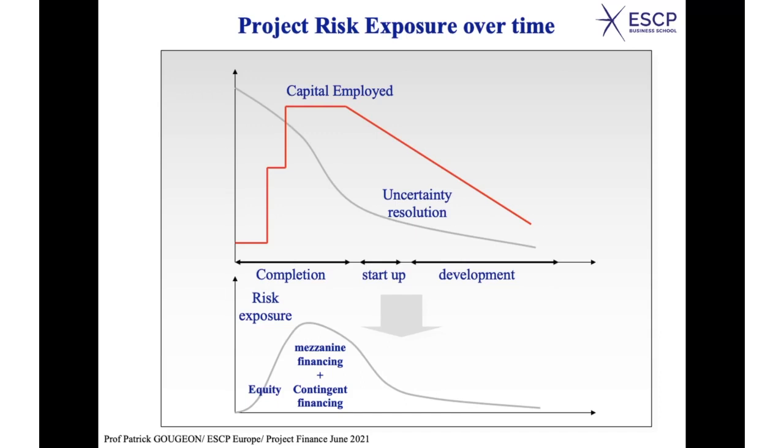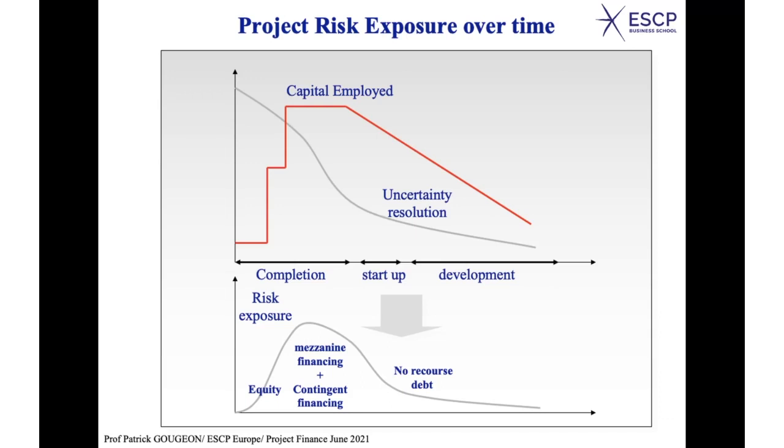So now you can have traditional lenders coming with no recourse debt just because they know that now the project is safe. The first investors coming into the project have gone through the high level of risk exposure. Now lenders can enter the project because the level of risk is now acceptable to them, okay?